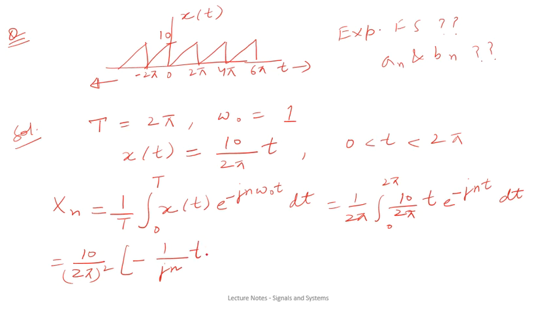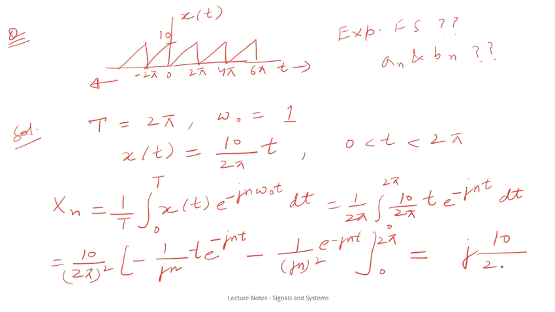So you must have some basic knowledge of solving these integrals. Zero to 2 pi it will be, so it can be simplified to j times 10 upon 2n pi.